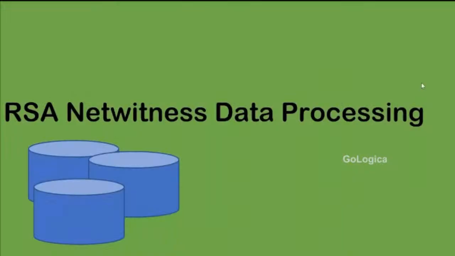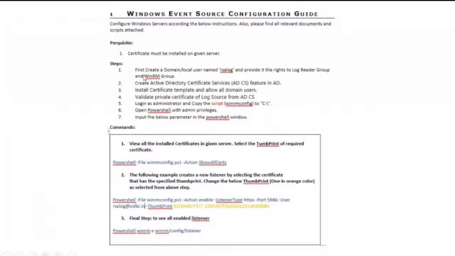If we talk about the steps, we have the normal steps mentioned here. To integrate Windows servers with RSA NetWitness, first you have to go to the domain server or a Windows server and create a user named RSA log. We can define any other user also, but this is easy to remember.